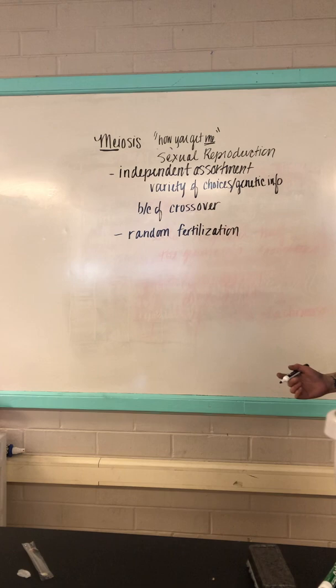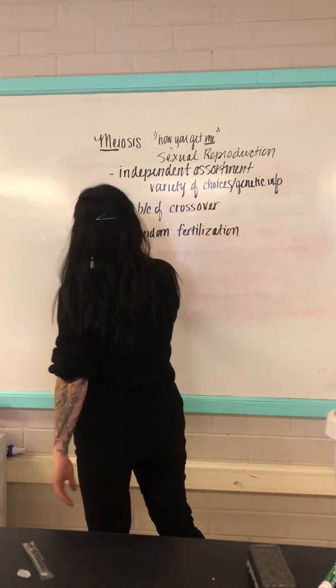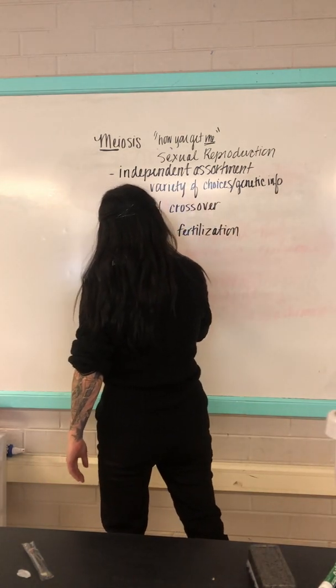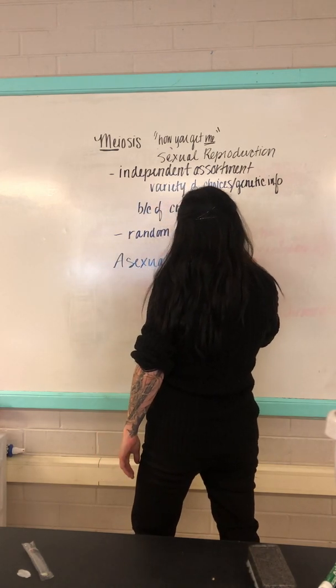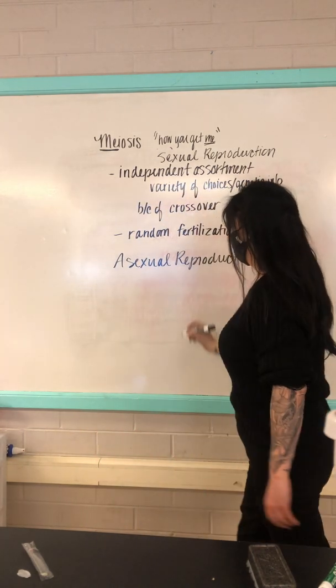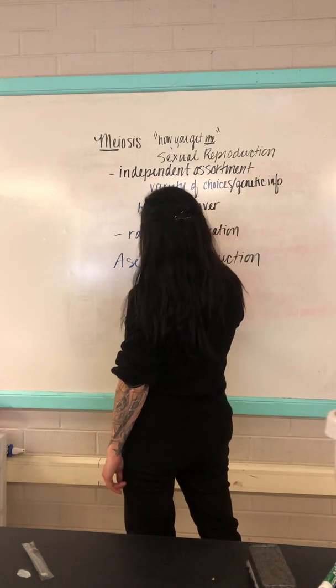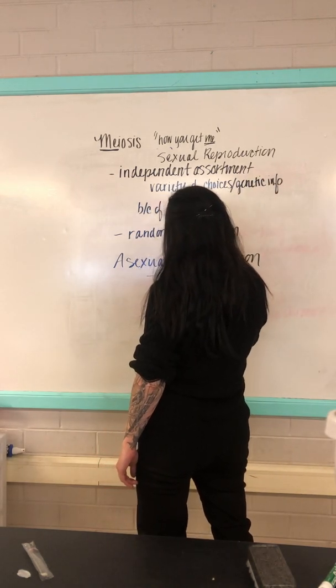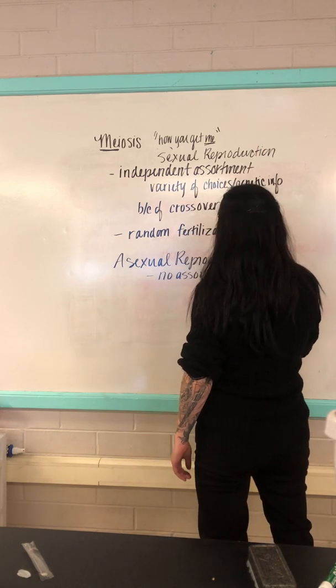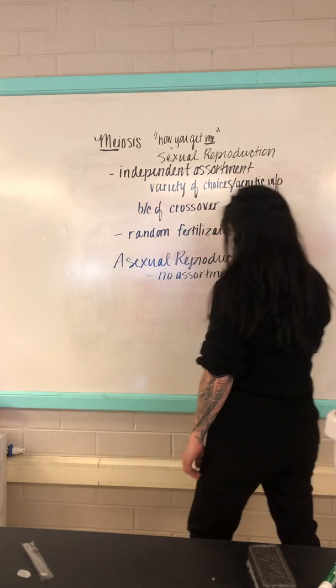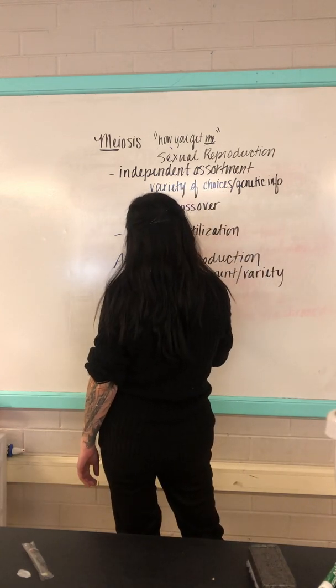Okay, so asexual reproduction doesn't have an assortment. No assortment. It doesn't have a variety to it. It's just an exact copy.